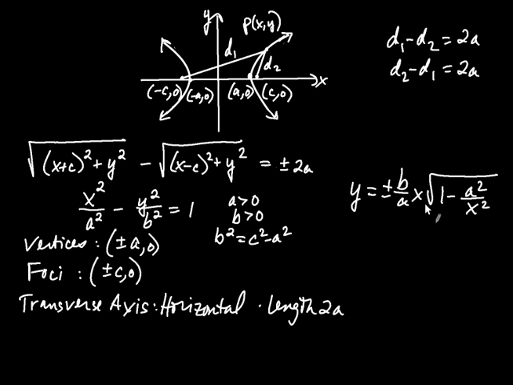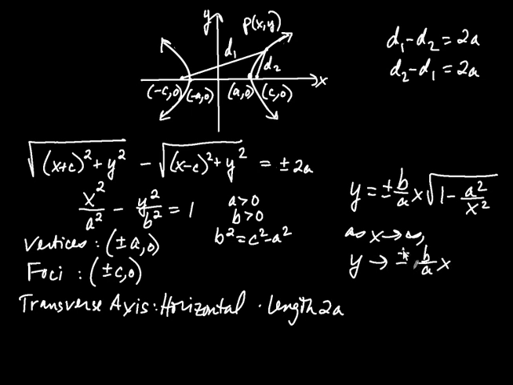Now the reason we do that is because we can notice something when this equation has been written in that form. As x gets really, really large, this term is going to 0 because a is fixed and the denominator is getting large. So this is approaching 1, because it's the square root of 1 take away something really small. So as x goes to infinity, y is getting closer and closer to positive or negative b over a times x.